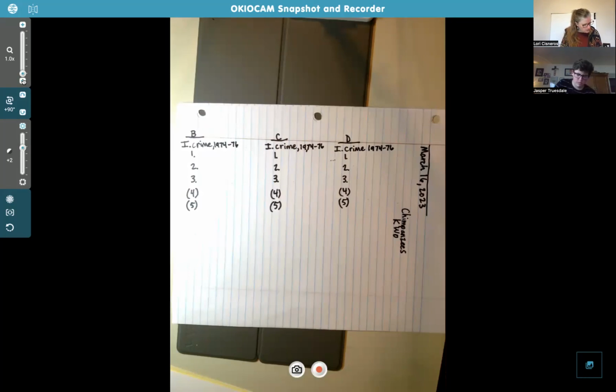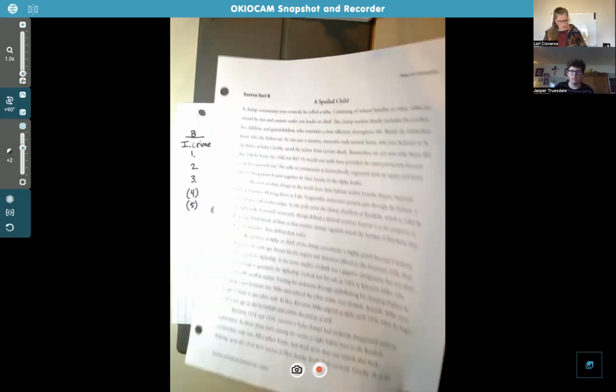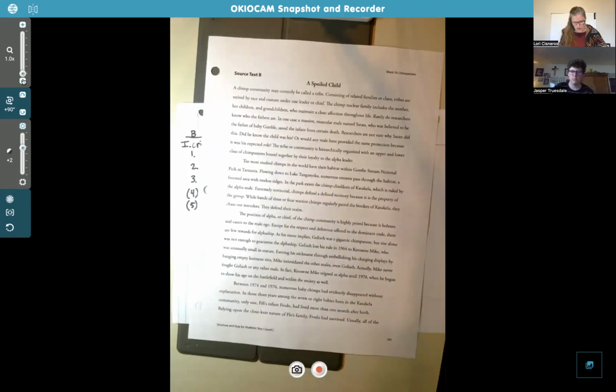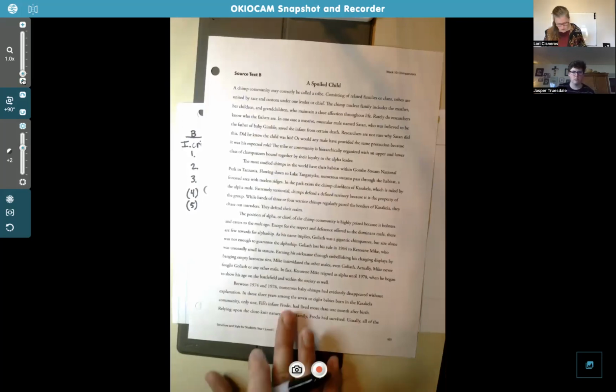So from here, if you start with B, let's look at source text B really quick, looking at the paragraph about crime. We decided that was, I had to erase mine because I used the plastic on it, but I think it was the last paragraph down here in 103, talked about crime.